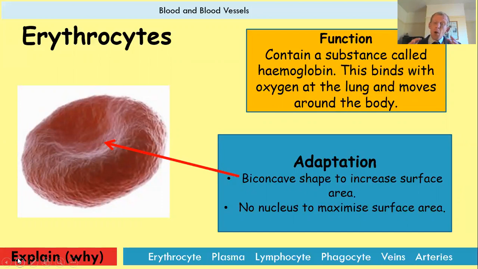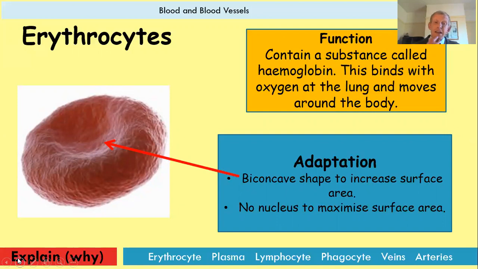By having that hemoglobin inside them, they can bind onto oxygen as the red blood cell passes through the lung and then carry that oxygen to all the different cells around the body that require oxygen. Now, erythrocytes are very uniquely shaped, and they have a very unique adaptation to enable them to do that job as well as is possible.